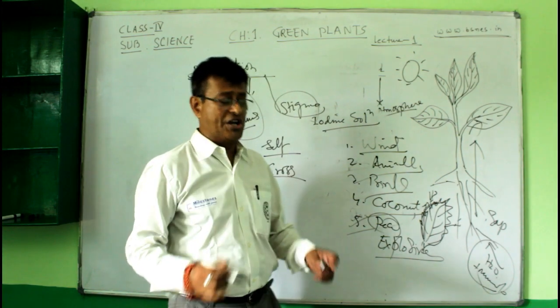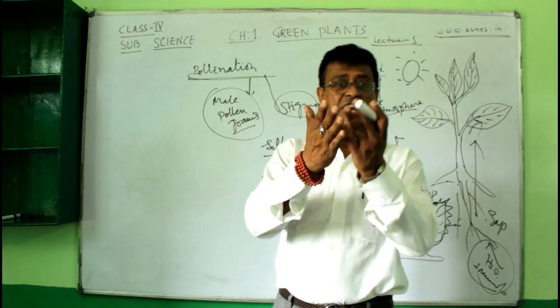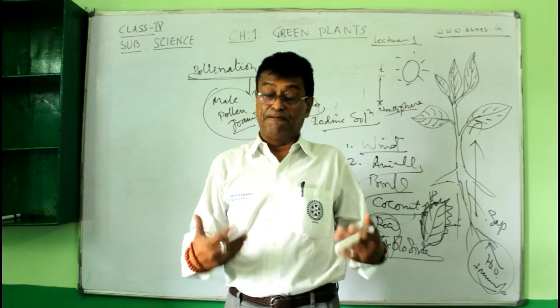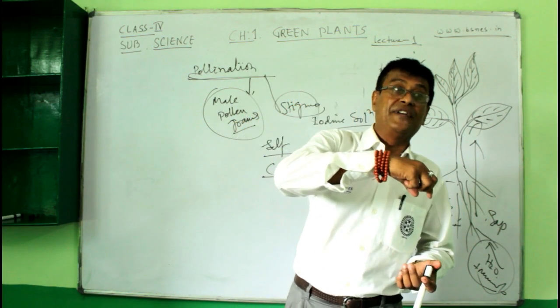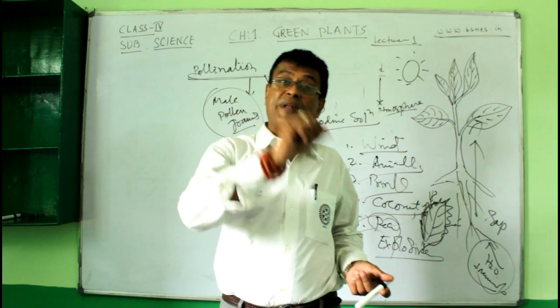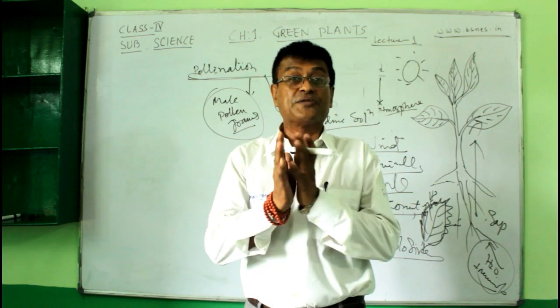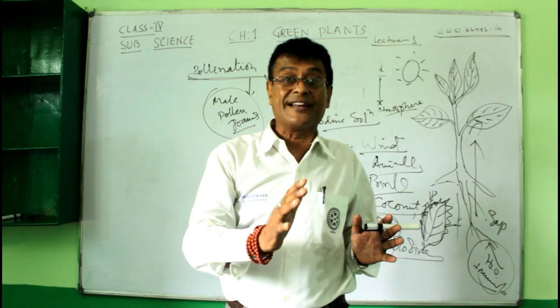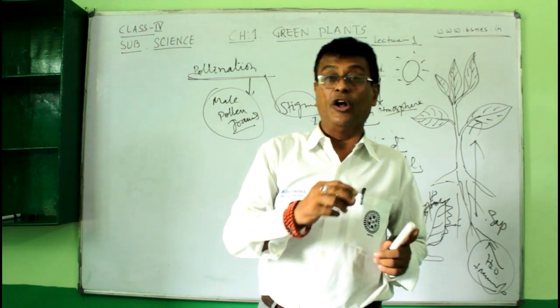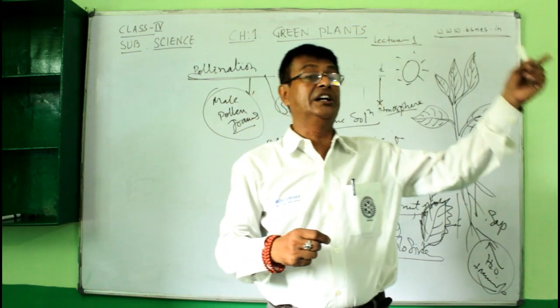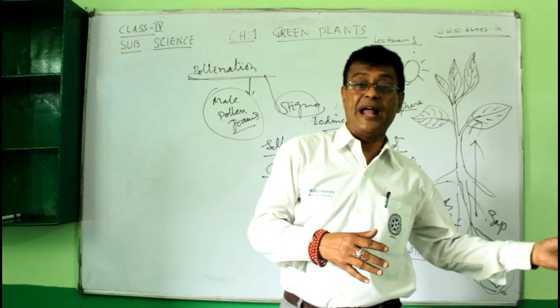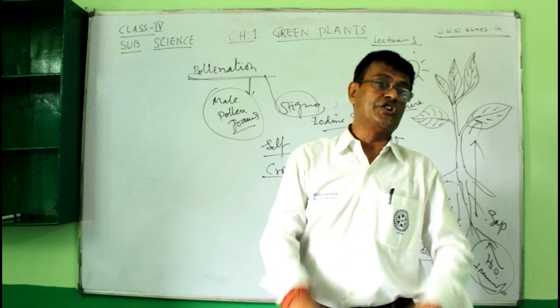In self-pollination, the pollen grains from the same flower or same plant come to the stigma, the female part, on the same plant. And in cross-pollination, insects usually, the bees and others, carry the pollen grains from one plant to the female part of another plant. That is how cross-pollination is done.